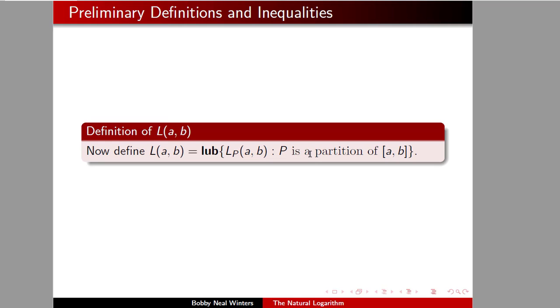So we're going to consider all possible ways we can chop that interval up into little segments, and all the ways that we can get rectangles underneath. We'll take the least upper bound of that set, and as we saw on the previous slide, it is bounded above, so this least upper bound exists.